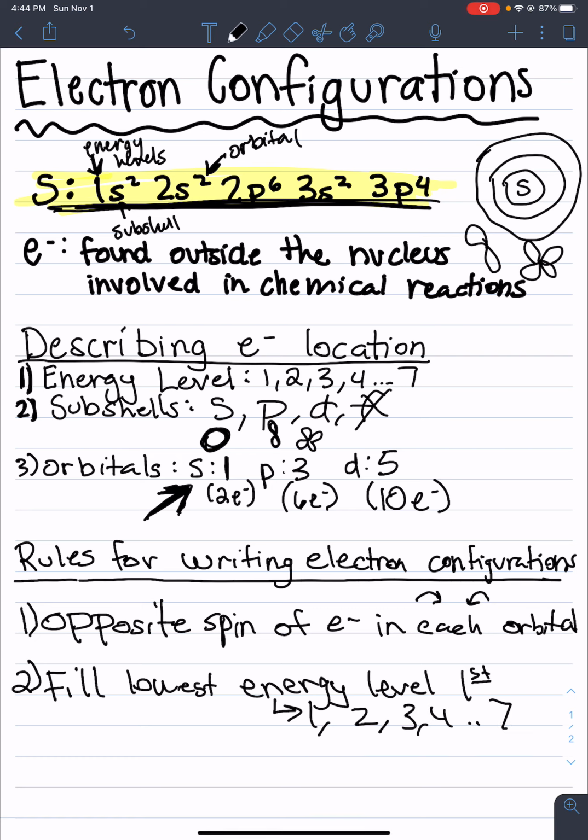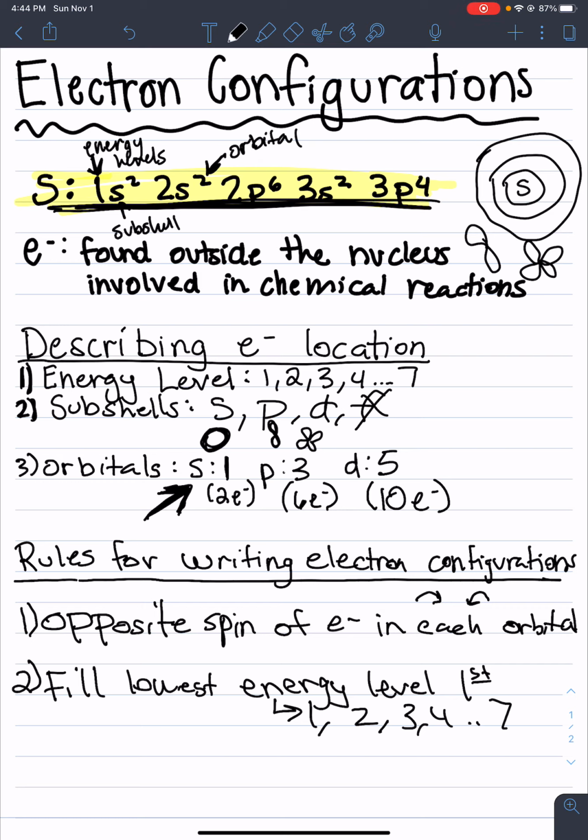So if you notice in our example up at the top, we're filling up 1 first, and then we go on to 2, and then 3, and then 4. So we're never going to fill up a 3 before we fill up a 2. We're always going to fill up a 2 first, and then a 3. There are certain exceptions to this rule, but we're not going to talk about them in this class, because like I said, we're just doing the basics. In other chemistry classes, they're going to talk about those, but in this one, we're always going to fill them right up in order. Okay, so that's important.